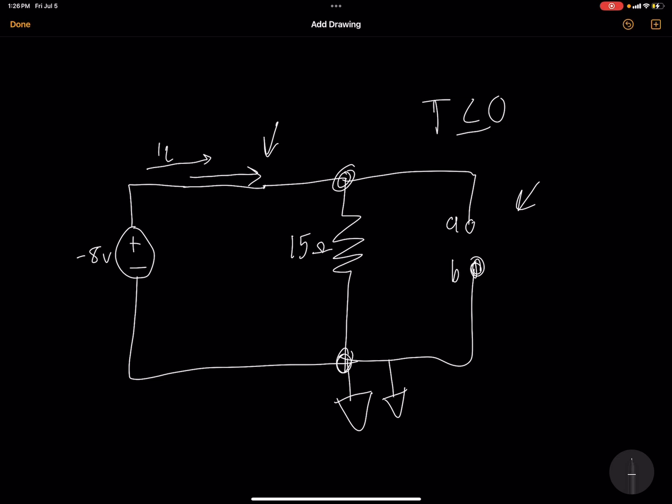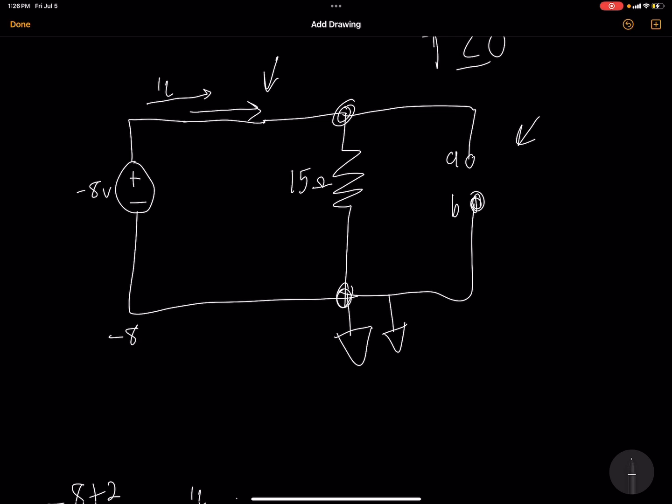Those values will be simply negative 8 divided by 15. Let me pull up the calculator first. Negative 8 divided by 15 will be equal to, V is equal to R times I. This will be the initial current through the inductor.